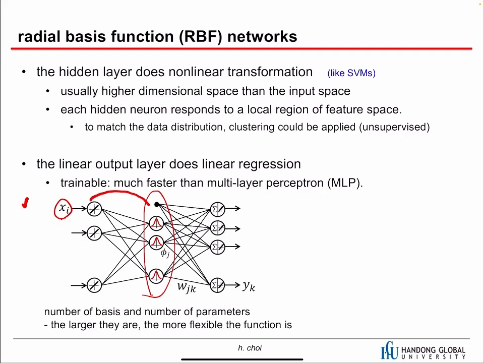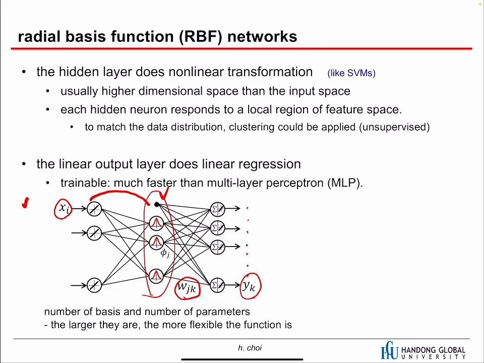The nonlinear function is given. Then from these features, we multiply this parameter vector to get the output. When we have a multivariate output, we might have a lot of output nodes. But if we have just a scalar, then we have only one output.